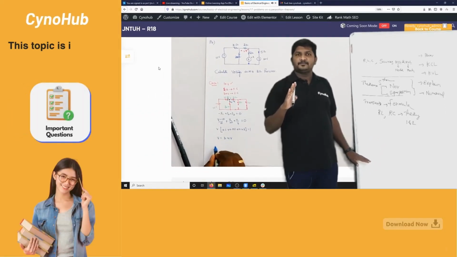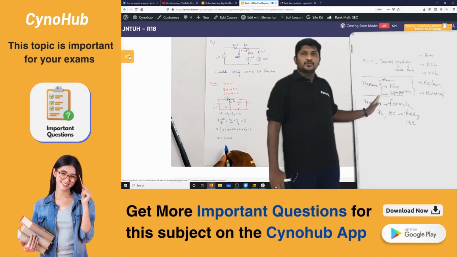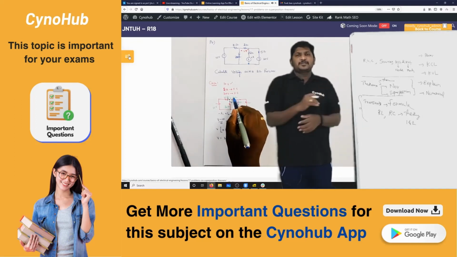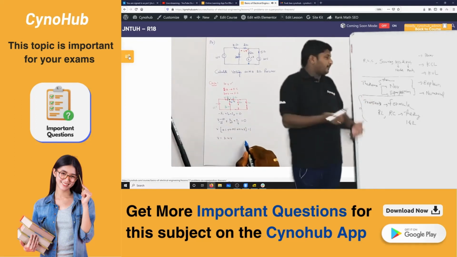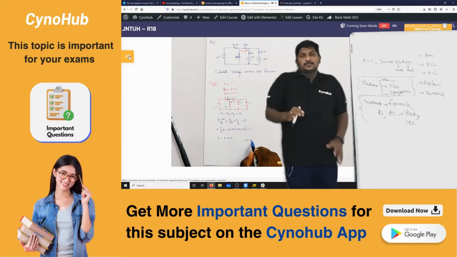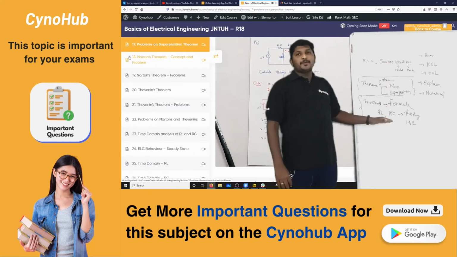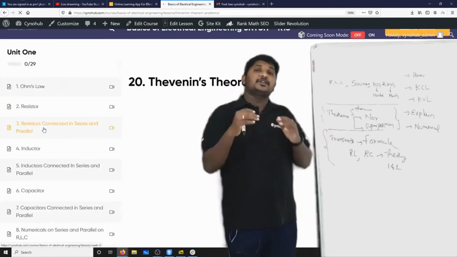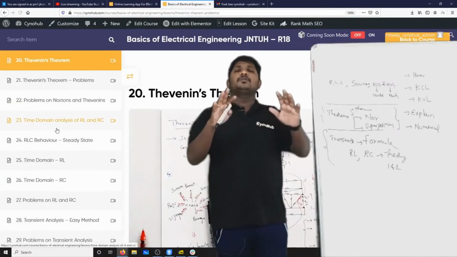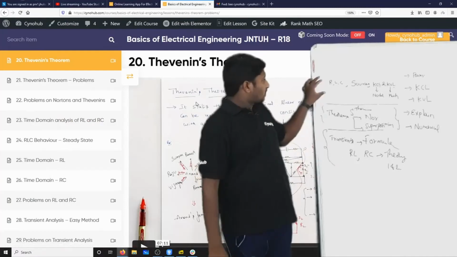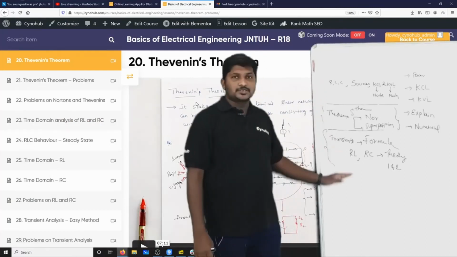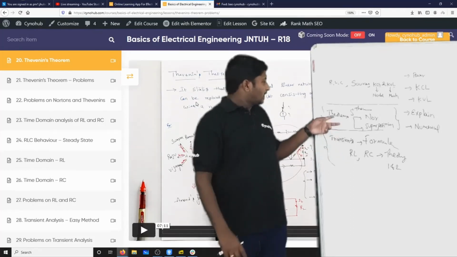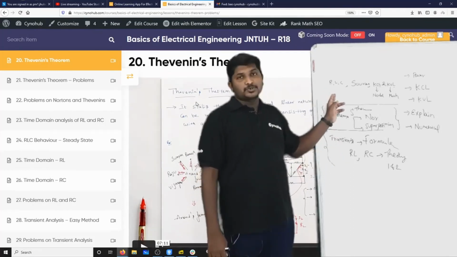Okay. Now, part 1, part 2, part 3. Maybe you will feel transients are difficult, or some of you will feel theorems are difficult. So, in these 3 parts, leave one part and study 2 parts, and definitely you will get good marks, not just pass. Read part 1 and part 2, leave this, no problem. Or take these 2 parts, leave part 1, no problem.